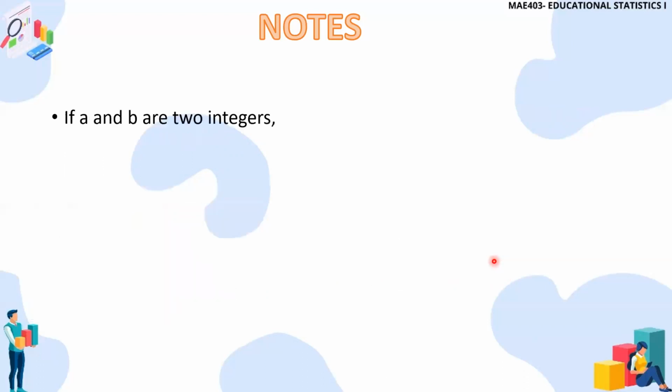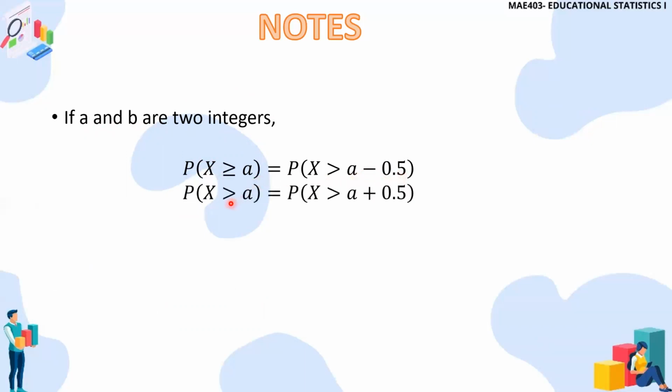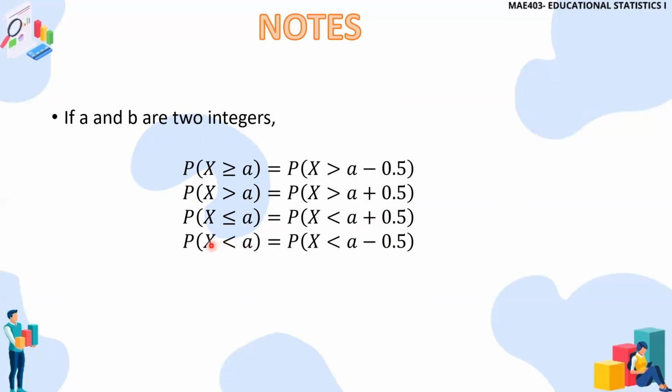So in short, if you have two integers a and b: for the probability of X greater than or equal to a, you need to use a minus 0.5. If the probability of X greater than a, use a plus 0.5. If the probability of X less than or equal to a, use a plus 0.5. If X less than a, use a minus 0.5.